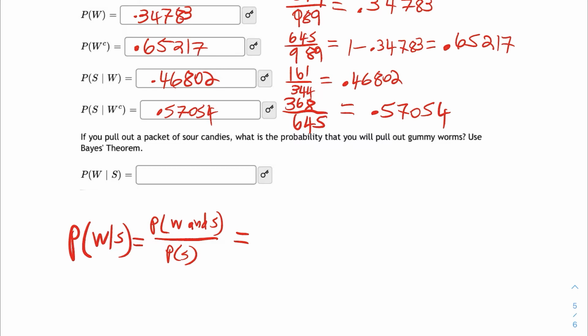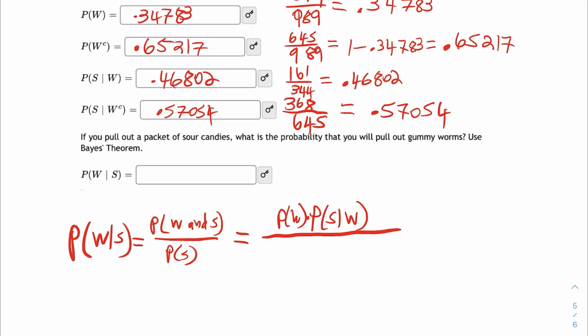Since we're looking for W given S, we use the probability of S given W and multiply that by the probability of W. By definition, a joint probability like this, the probability of W and S, is equal to the probability of W times the probability of S given W.